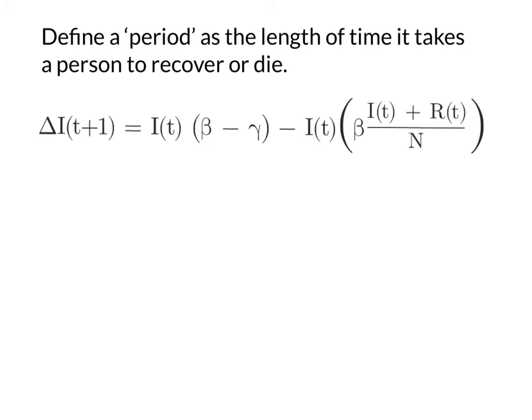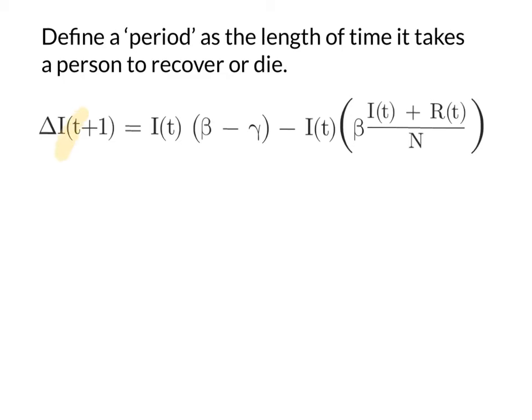So to work out how much of the population needs to either be infected or recovered to start reducing the rate of infections, what we call the herd immunity threshold, we need to be slightly more precise. And we're going to do that by firstly defining really what we mean by this period of time t.